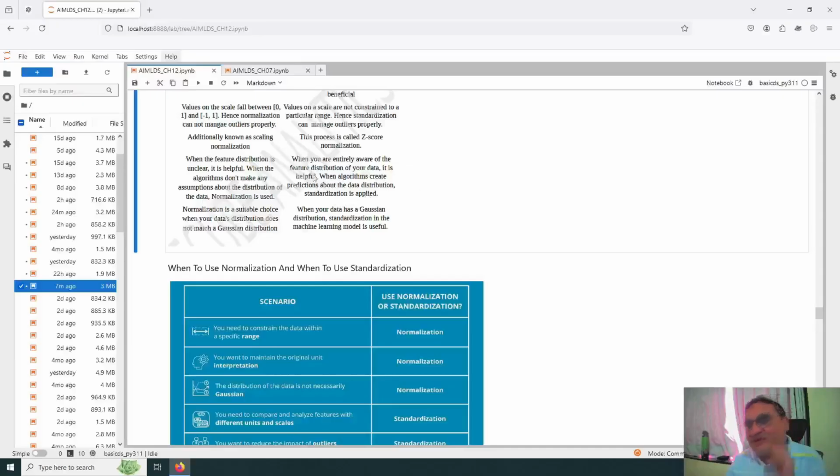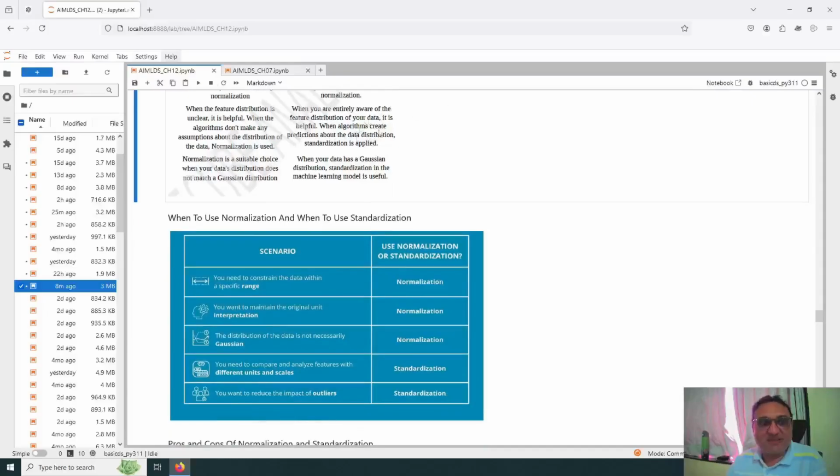So we save not only the pickle model, but we also save one scaler object, so that new data entering from the user interface passes through that scaler pipeline, and thereafter the scaled data is fed to your pickle model. Then your pickle model will work perfectly well, because it was designed using scaled data, right? So now you read this line and it will become clear. When any algorithm creates a prediction about some data distribution or about some response variable, then standardization is applied once again. So you have to pass your data through that scaling pipeline also.